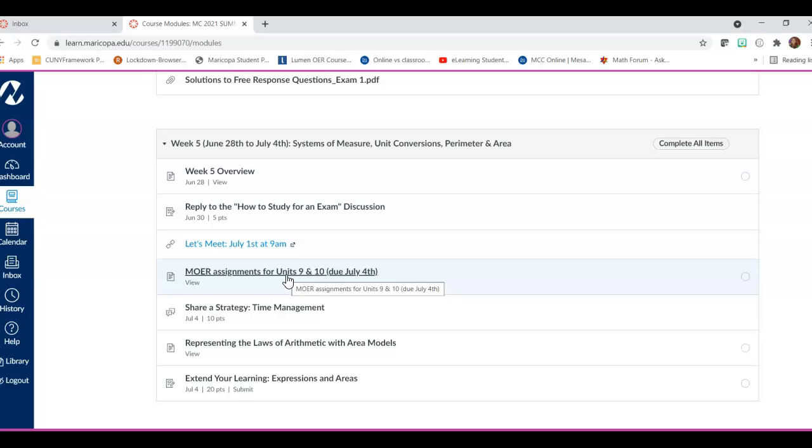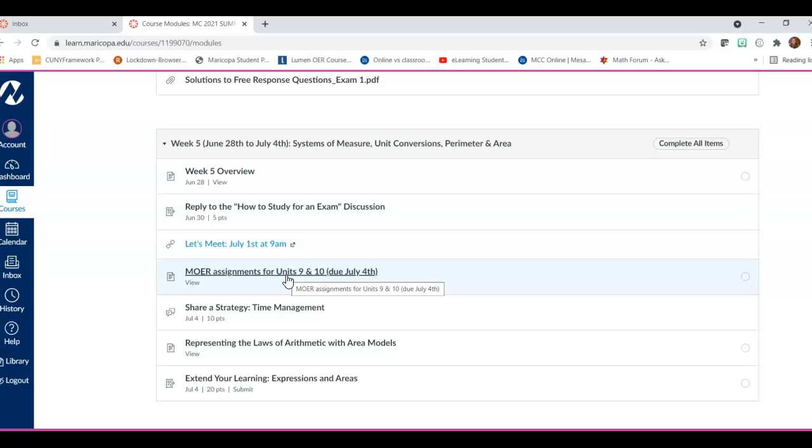Now, speaking of units 9 and 10, hopefully you've already started looking at them, and you'll notice that Unit 9 has us doing conversions between the metric system and the US system. So for example, you might be converting from a distance in kilometers to a distance in miles.